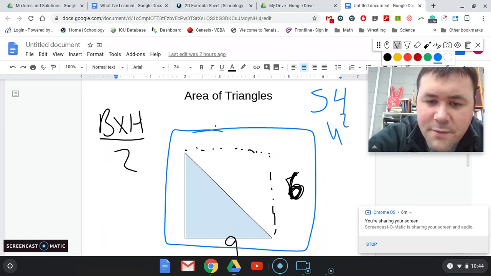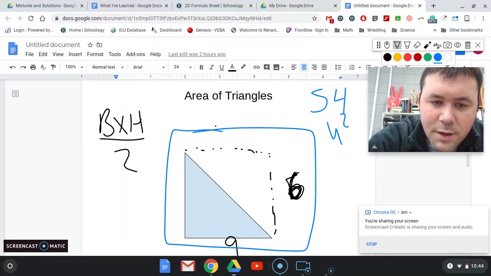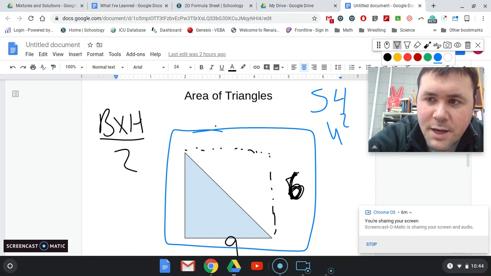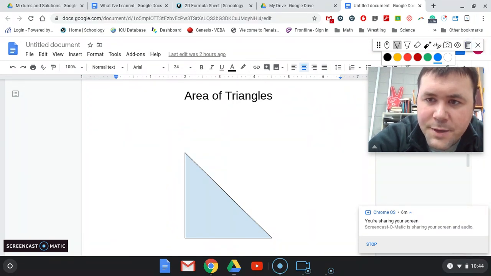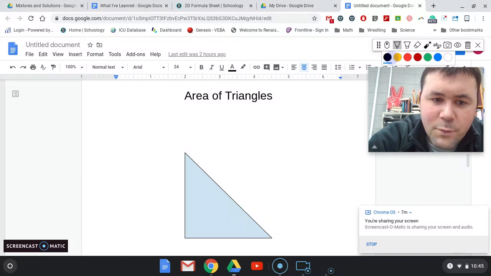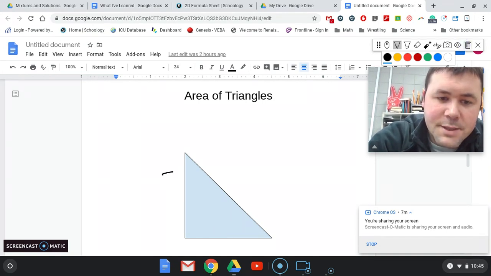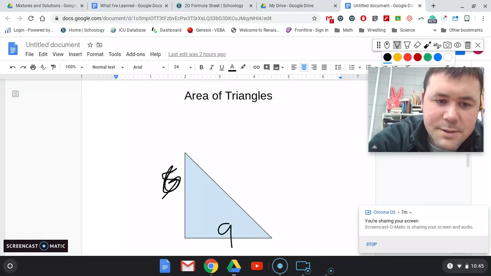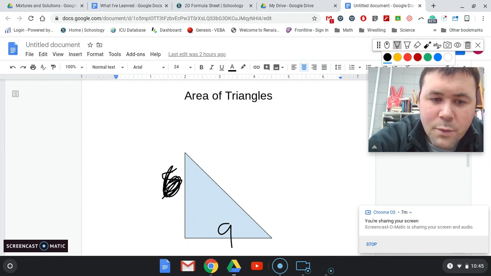Now, the reason we divided by 2 is because we found the area of the square, which is base times height. If we got rid of the square and we just did the base and the height, okay, let's make this 9, sorry. The base and the height, let's make that 6. We would have to divide it by 2 because it's half of the square.